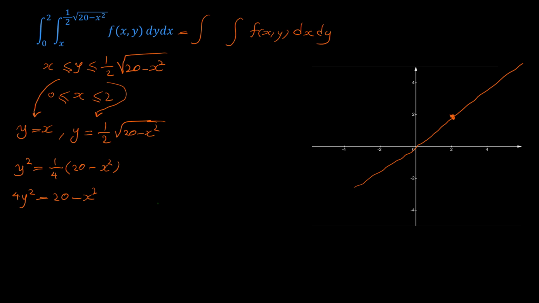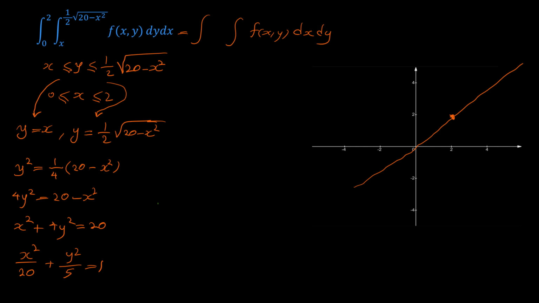If we move x to the 2 to the left, we have x to the 2 plus 4y to the 2 equals 20. And finally, if we divide both sides by 20, we have x to the 2 over 20 plus 4y to the 2 divided by 20, which is y to the 2 over 5, since 4 over 20 is 1 over 5, equals 1.